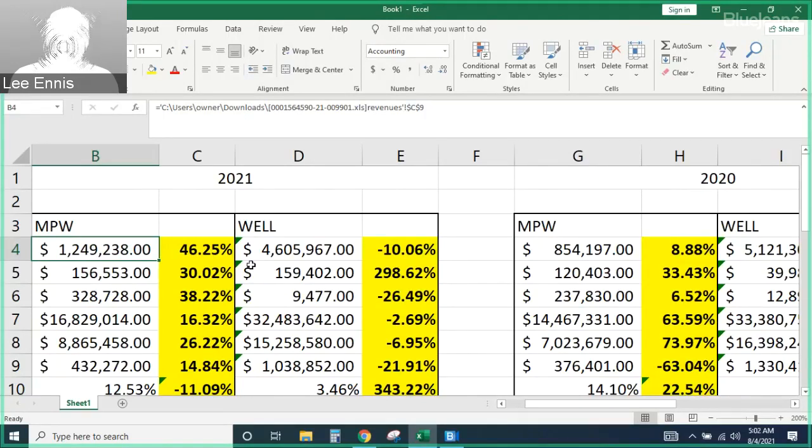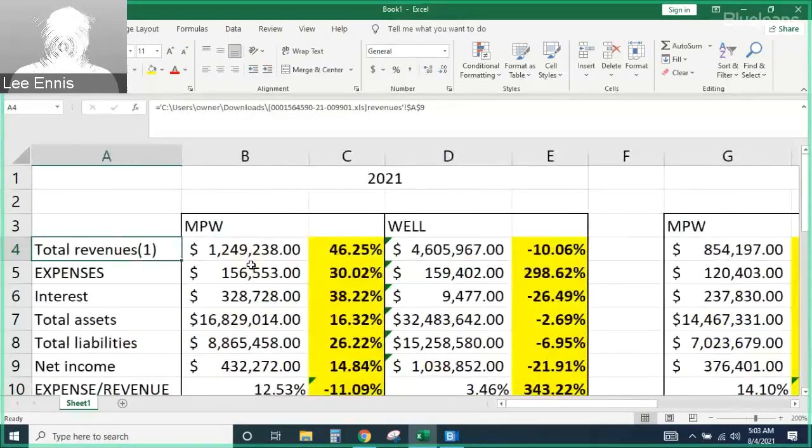And so when your earnings are lower and your price stays the same or your price increases, that increases your PE ratio, and we did see that earlier. And so with MPW's revenue increasing by so much, clearly their earnings increased as well, and that's what would bring their PE ratio down.